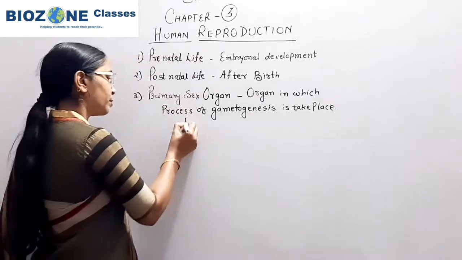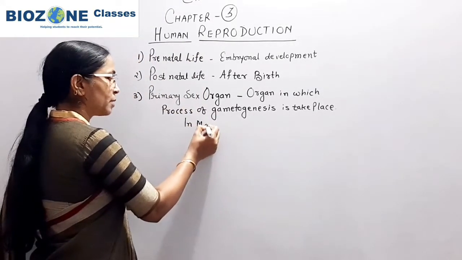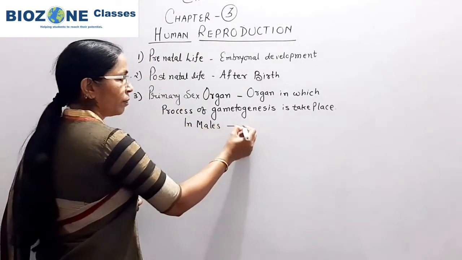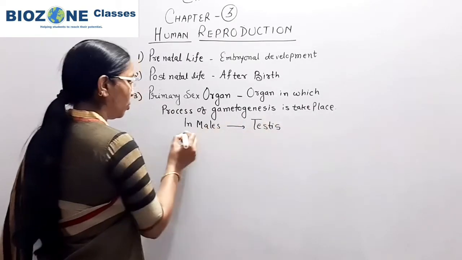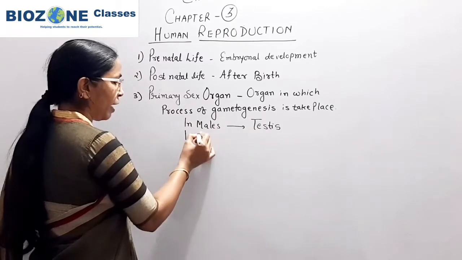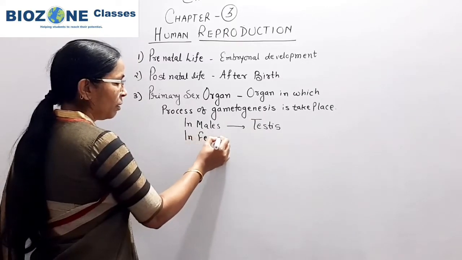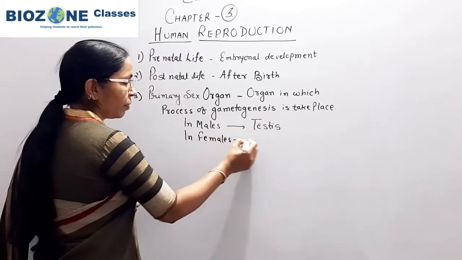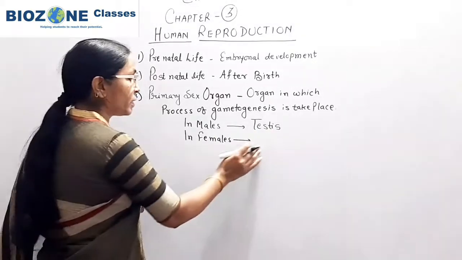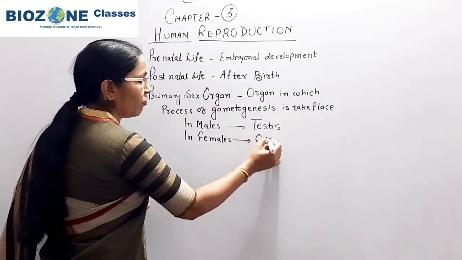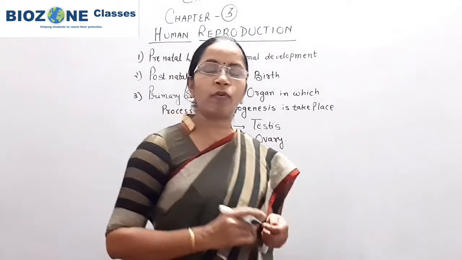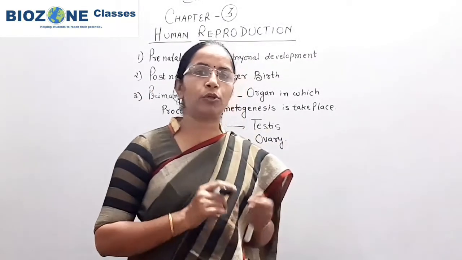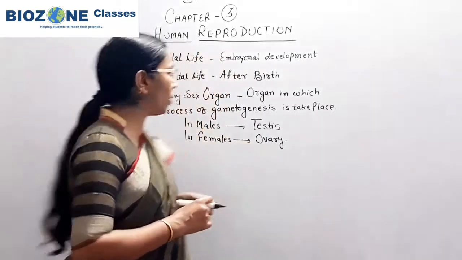In males, testes are responsible for the formation of spermatozoa, and in females, the pair of ovaries is responsible for ovum formation, the formation of the female gamete or egg.